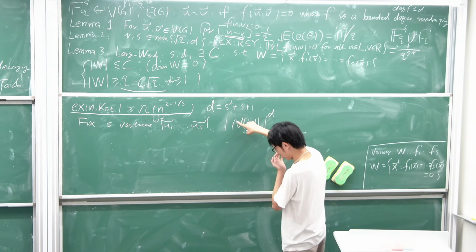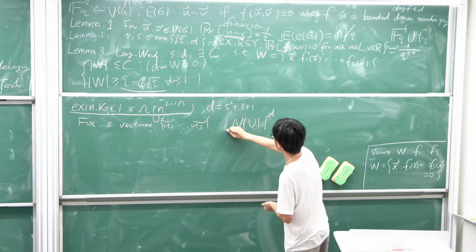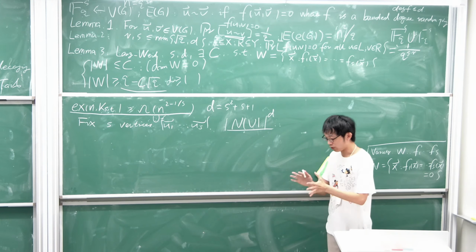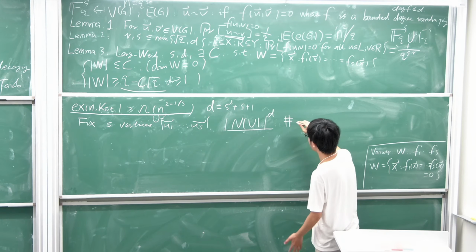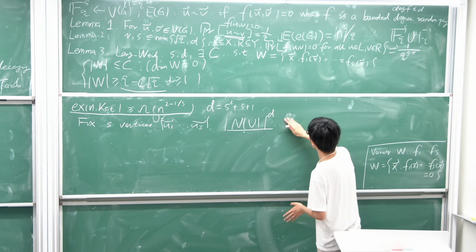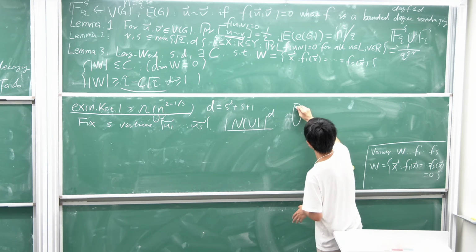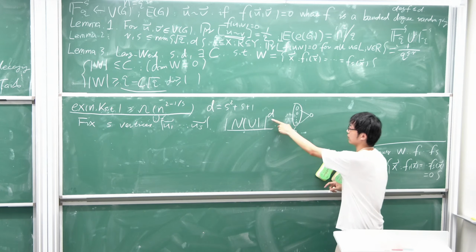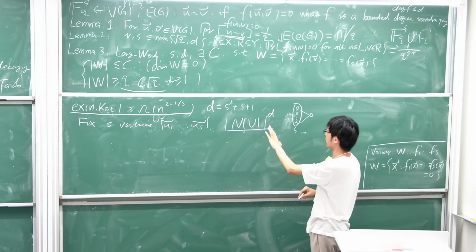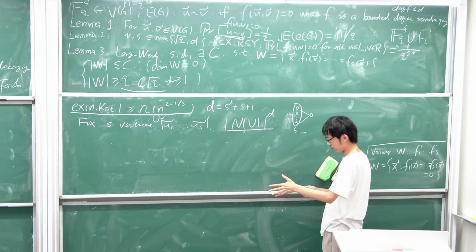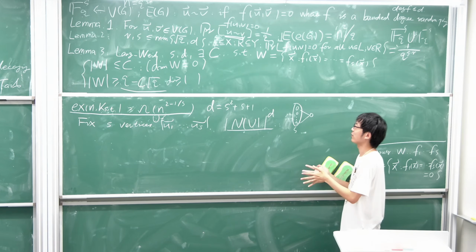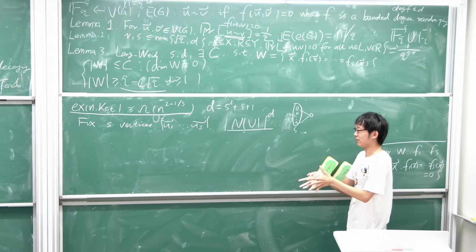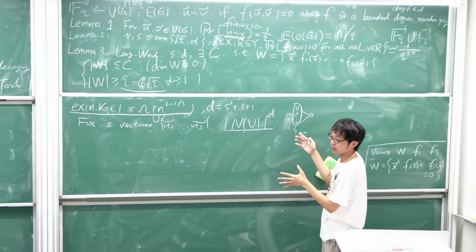So what does this mean? This formula, maybe not exactly, counts the number of all possible configurations. For example, if we fix some K_{S,1}, this vertex set, this formula roughly counts the number of possibilities when we put D stars together.